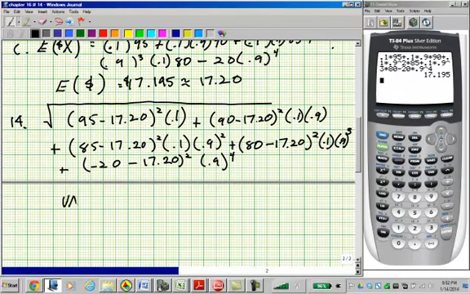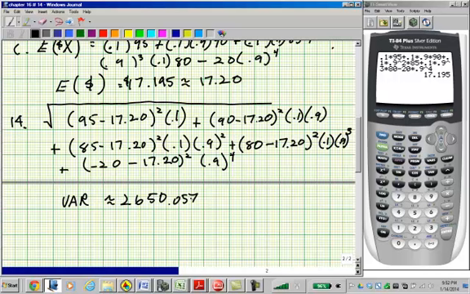So the variance of this random variable is approximately equal to 2650.057.